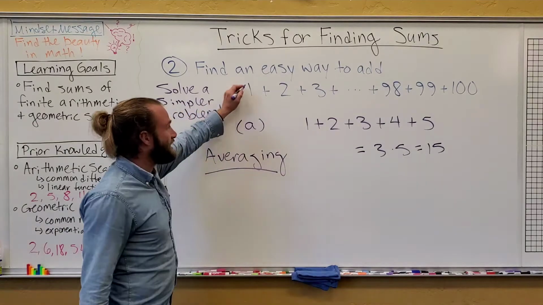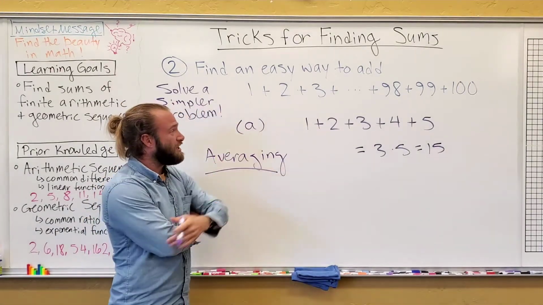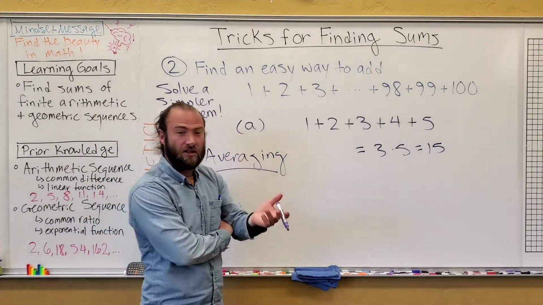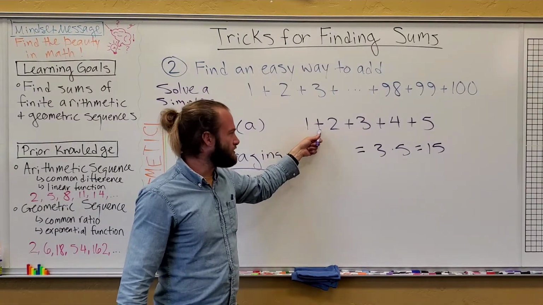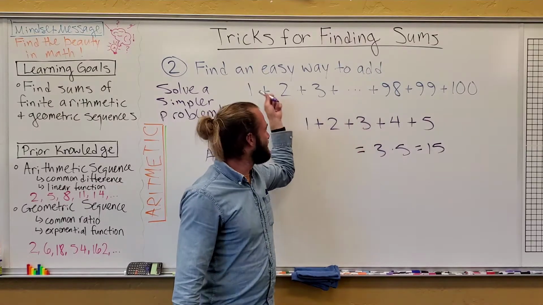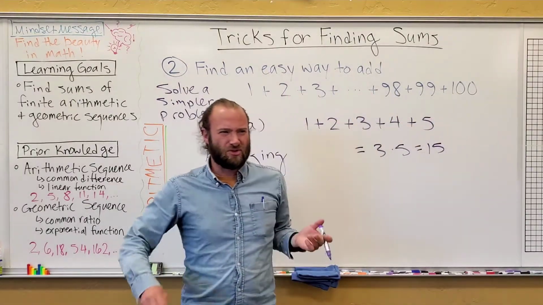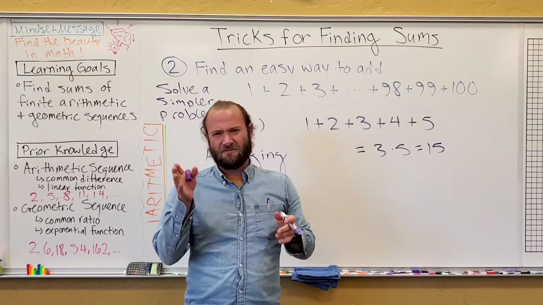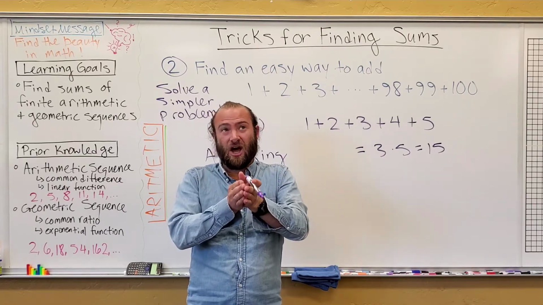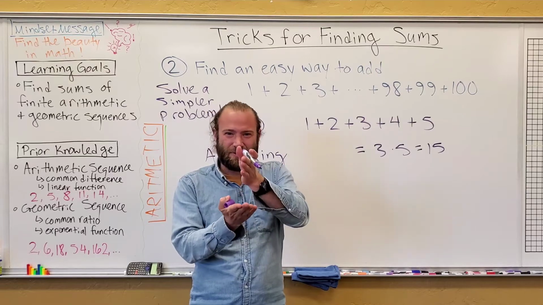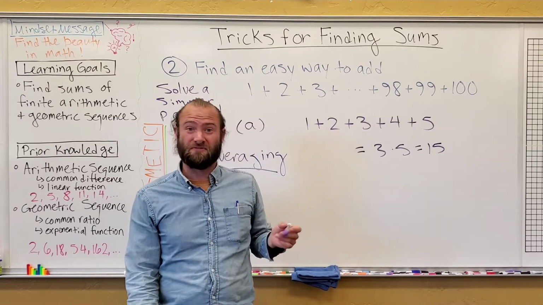Now we could apply that same thing to our more difficult problem here, and say, okay, what number is in the middle? This one's a little bit trickier because the first had an odd number of terms, so there was one single number in the middle, but this has an even number of terms. So the question is, wait a minute, is it 50 or is it 51? Well, the average is actually not part of the sequence itself. It happens to be the very middle, which is 50.5.